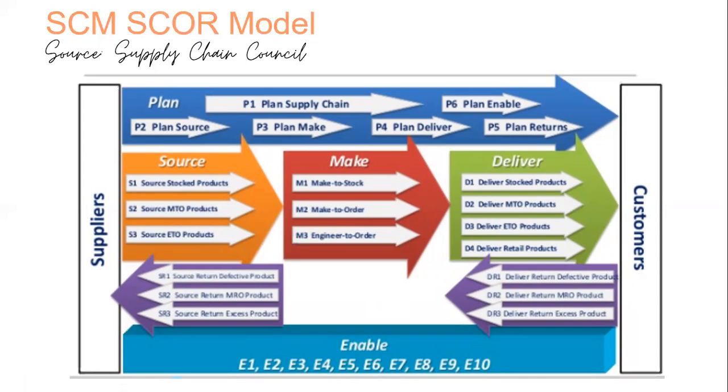So this is just to give you an overview of what supply chain management really is all about. As I mentioned, there's a lot of activities going on, but this is the really, really high level view of supply chain management. There's tons more activities that go on between all of these and within each step, but on a very high level, these are the main steps of any supply chain.